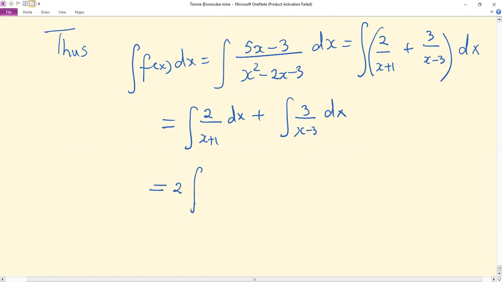This is 2 integral dx over x plus 1 plus 3 integral of dx over x minus 3.